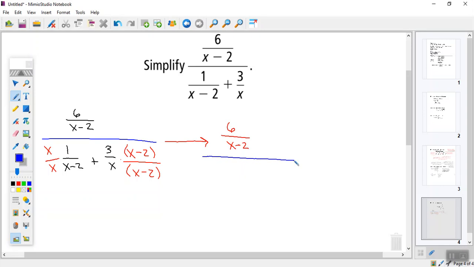All right, help me on the bottom. What's x times 1 going to get you? X. And then bring what sign over? Plus. Okay, help me distribute right here. 3x minus 6.